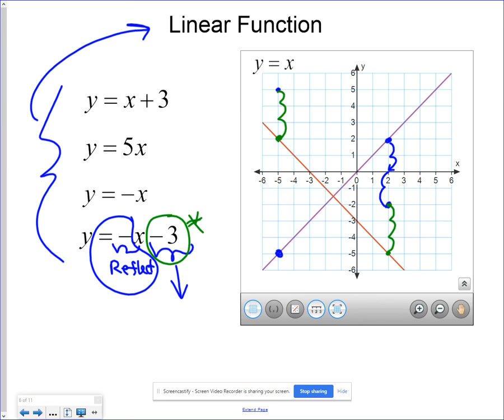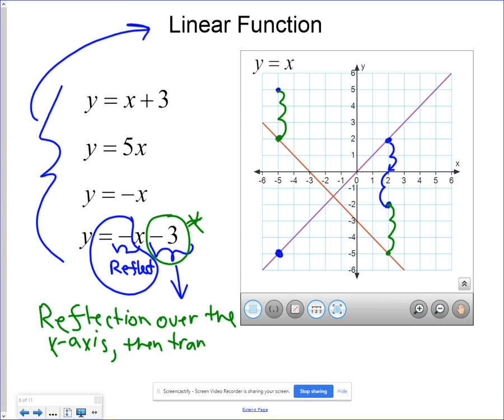So if you want to write this out in words, it's a reflection over the x-axis, then a translation 3 units down. All right, so that's a linear one.